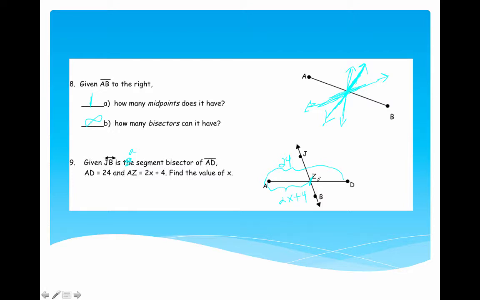Well, if this whole thing's 24 and each of these is half, then this is 12. So 12 is 2x plus 4, which means that 8 is 2x, subtracting 4 on both sides, so x is 4. Yeah, I thought that wouldn't show up down there.